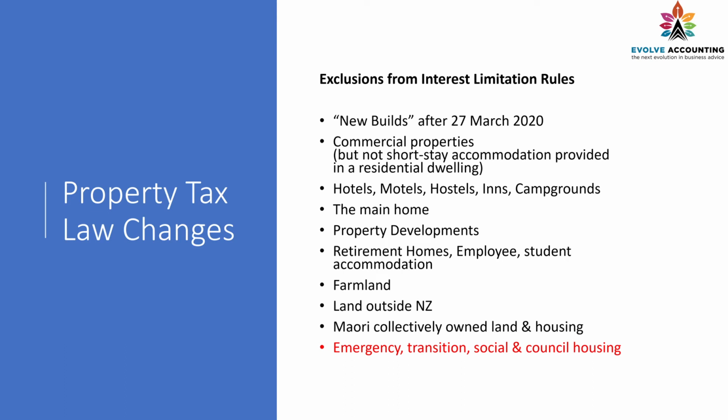And so when it comes to interest limitation rules, what is out of the rules is really important. So what isn't in the interest limitation rules? With these rules you cannot claim interest. Outside of these rules are new builds, so new builds can claim interest, as can commercial properties, but with an exception, not short stay accommodation provided in a residential dwelling. What that is aimed at is batches that are rented on Airbnb, for example, short stay.